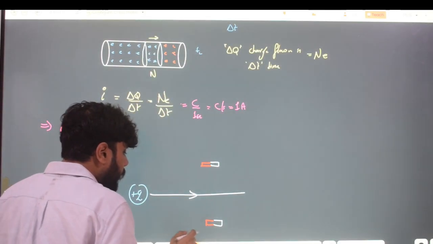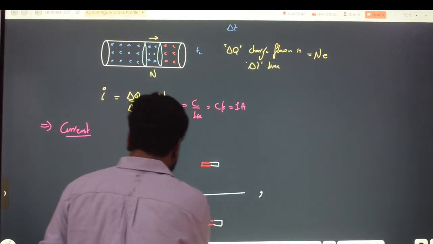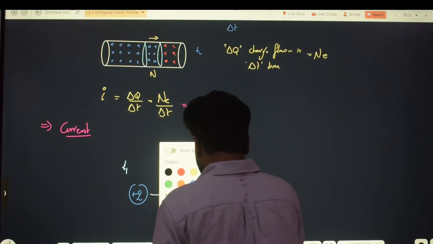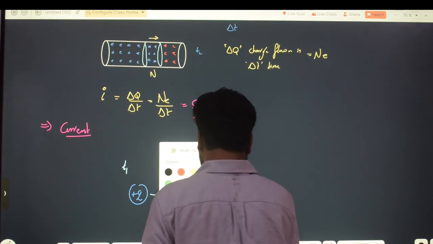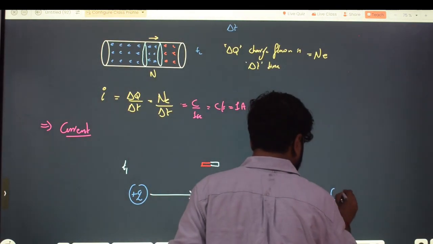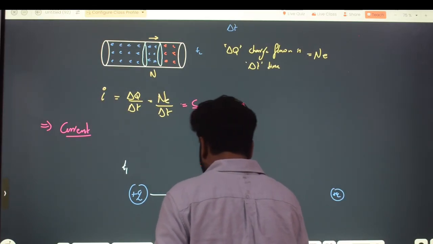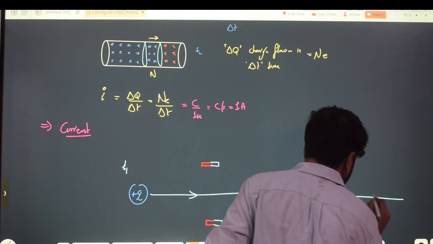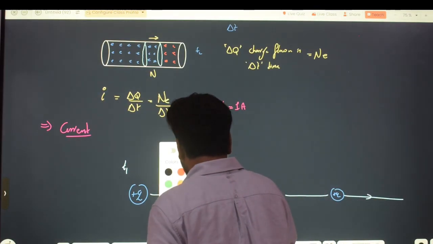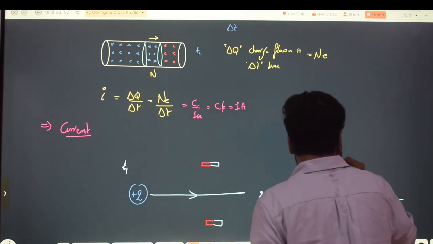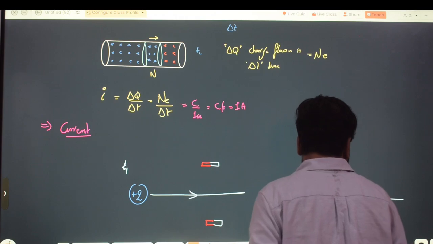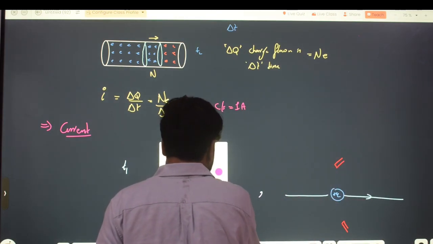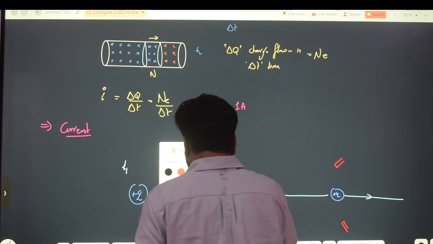The moment this charge crosses this section near the magnet, what you can see is there will be a disalignment, or the magnet will show some deflection, which will indicate that the magnet has experienced some force.